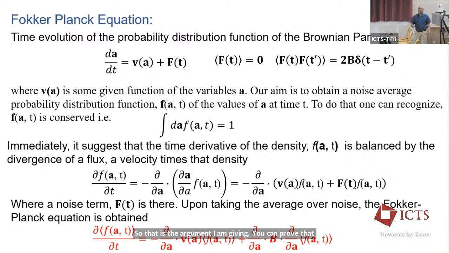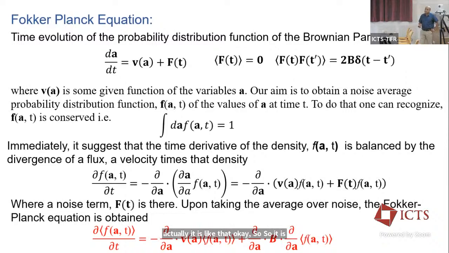Ultimately, it gives you a kind of Liouville-type equation. I am not going into the details. I am just giving the argument that if the distribution function obeys such a conservation law, there is a possibility to get a continuity equation, and this continuity equation is like that.